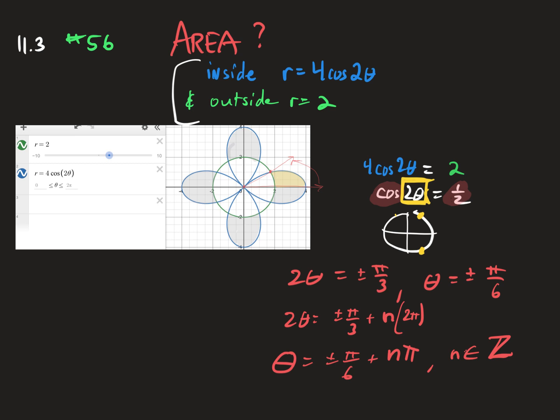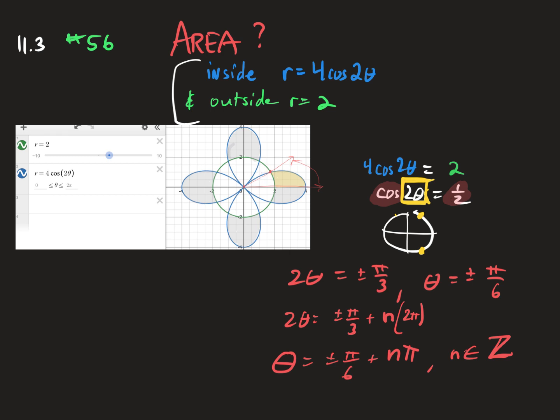All right, so since we're just sticking to this one region, it is going to be when theta just goes from 0, which represents this angle, to pi over 6, and that will be where we stop.